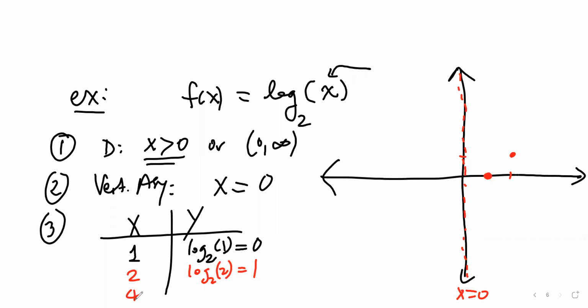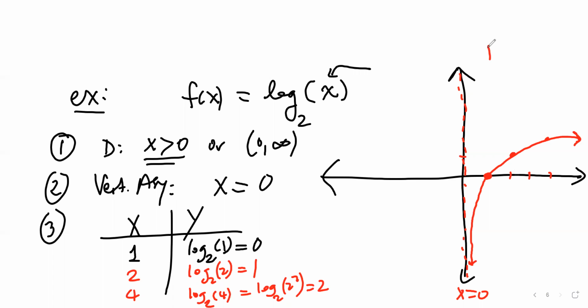So I'm going to try 4. Log base 2 of 4, I can write as log base 2 of 2 squared, which equals 2. So I have (4, 2) somewhere right here. It looks like this is going like this, and then I will also have a piece that is going down, never crossing the asymptote.